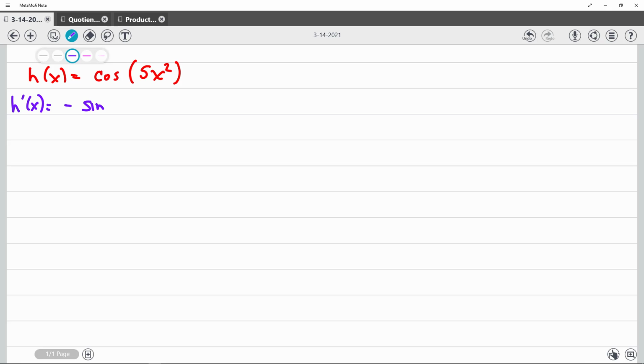Negative sine, and you leave the inside alone, and then the chain rule piece is taking the derivative of the inside. So in other words, times the derivative of 5x squared, which I still have by negative sine 5x squared.